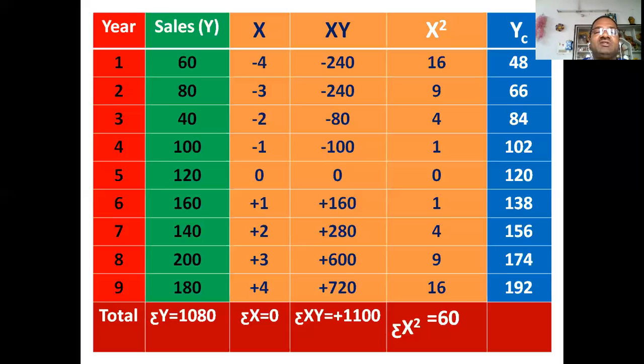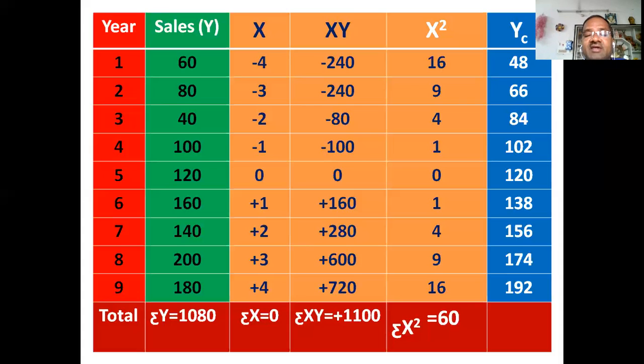And at the origin, what happened? X is 0 and Y is 120. So X into Y, 0 into 120 is 0. Anything multiplied by 0 is 0. Then the positive region, 160 into 1 is plus 160, and 140 into +2 is plus 280, like that you will take. Then you make a sigma XY.